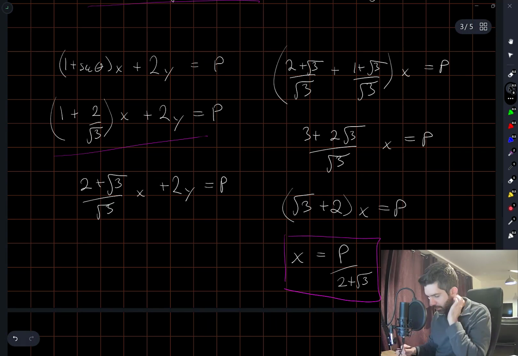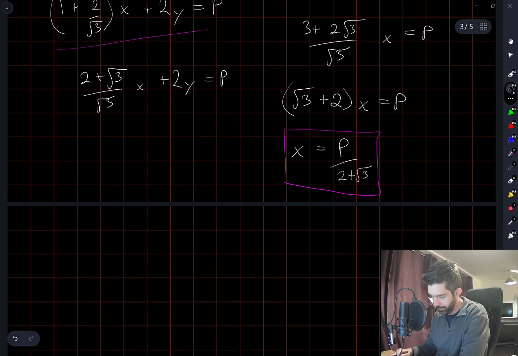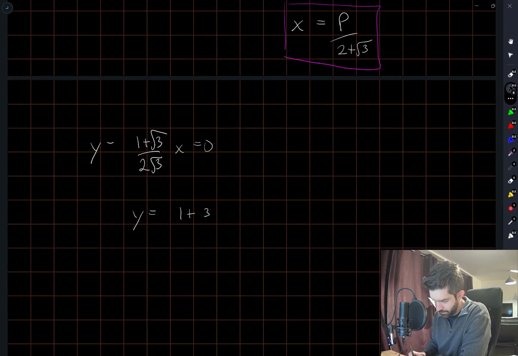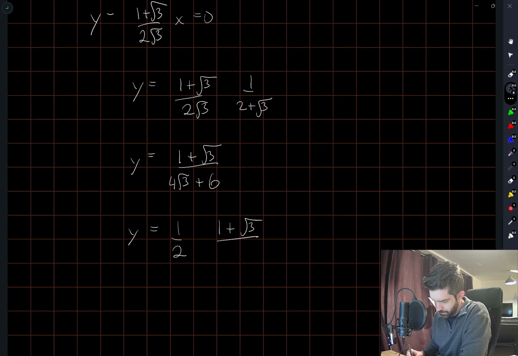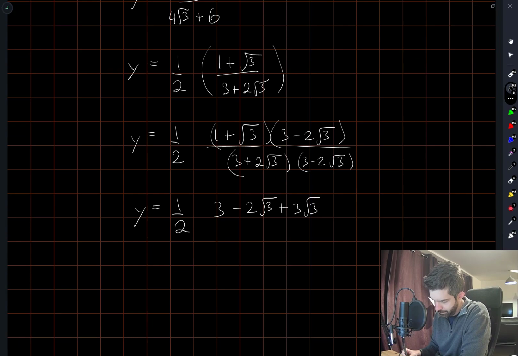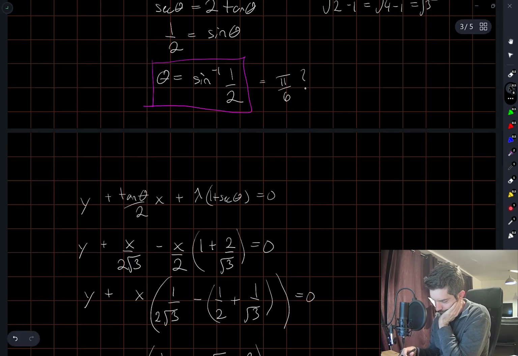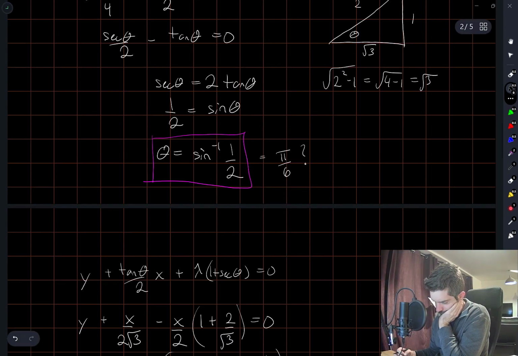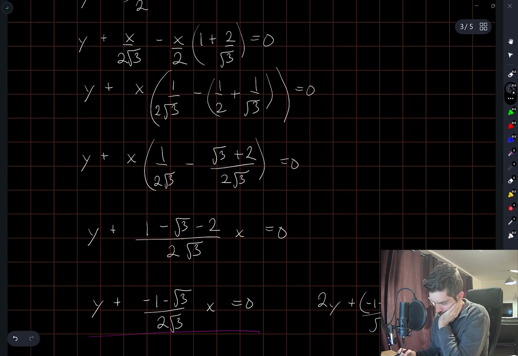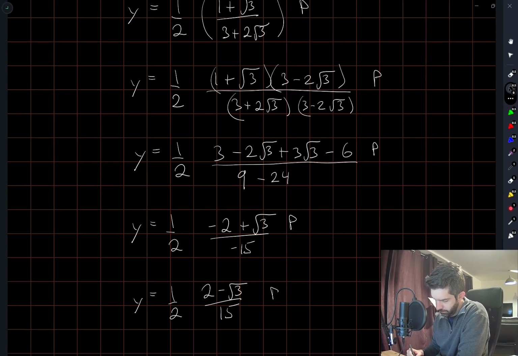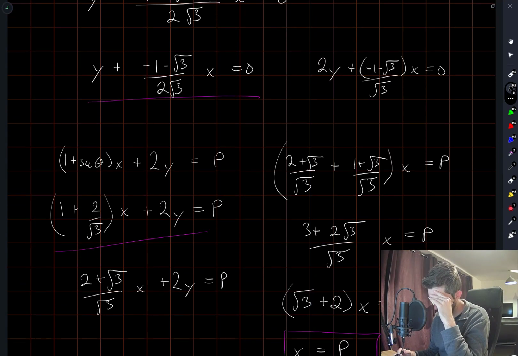And now I should be able to find y somewhat easily. I'm not sure if I have some algebra mistakes or arithmetic mistakes, but I kind of want to just check my work before going forward.